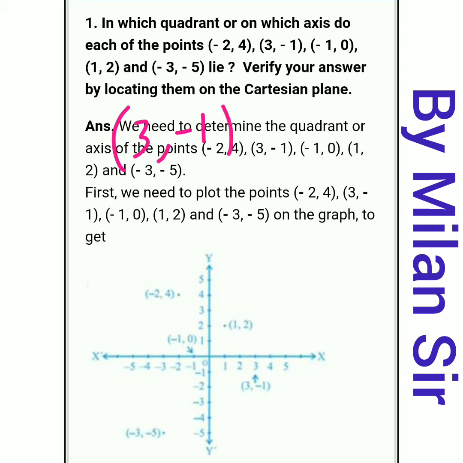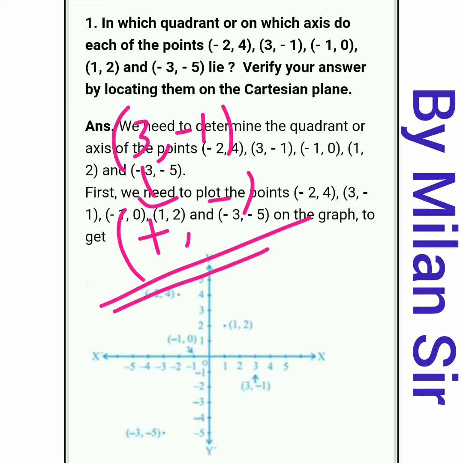Now the first sign is positive, the second sign is negative. So plus minus, this is the sign of the fourth quadrant. In the fourth quadrant we have sign plus minus, so we can say that this point lies in the fourth quadrant.